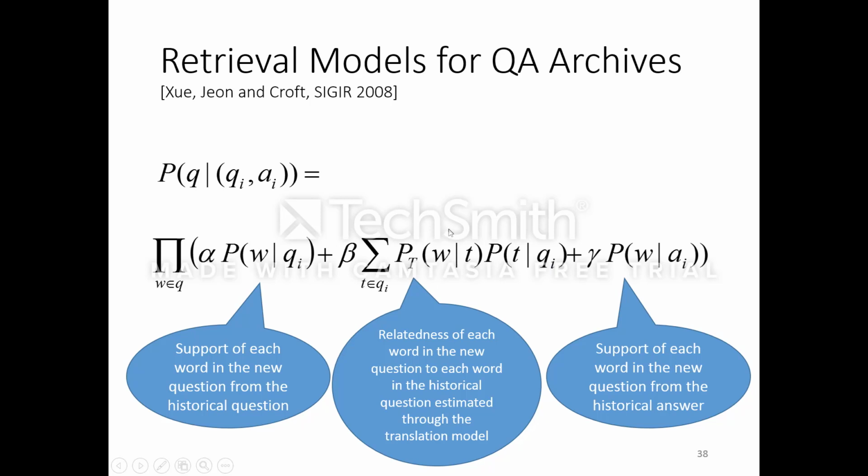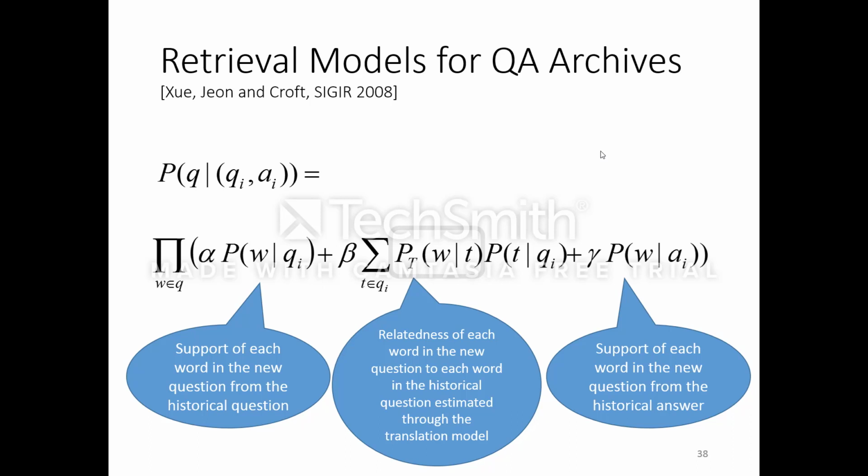So here what we are saying is, it is not actually necessary to find W in Qi, but it is okay if you can find a word T in Qi which is highly related to W as estimated by the translation model. And this entry comes from the matrix that is learned from the translation model.